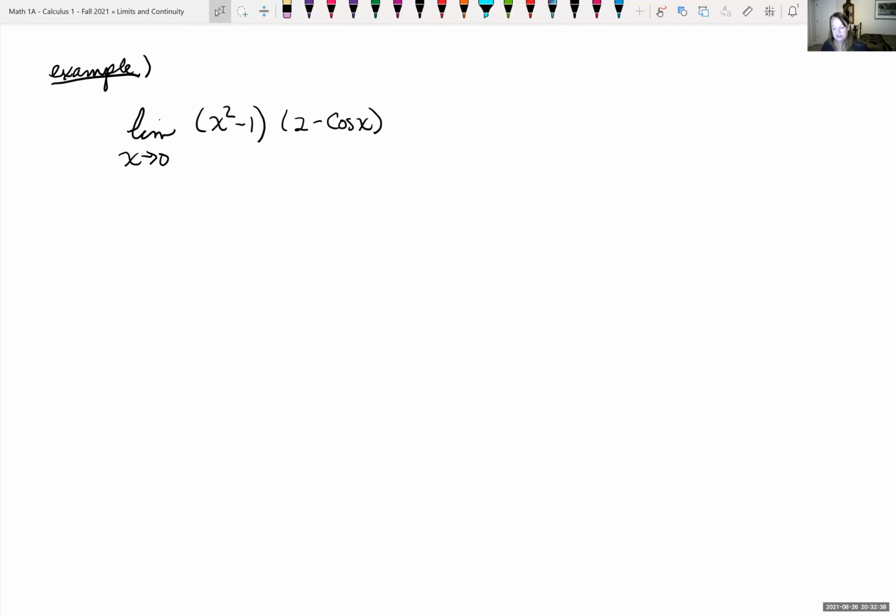So now our example says the limit as x is approaching 0 of the quantity x squared - 1 all times the quantity 2 minus cosine x. So let's do our direct substitution. If we do that, we're getting back 0 squared - 1, that whole thing times 2 minus cosine of 0.